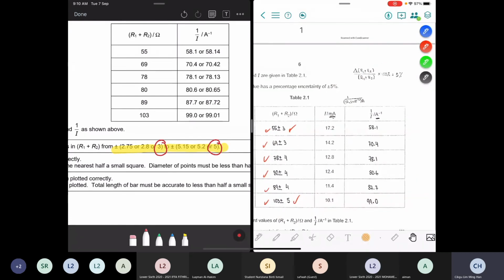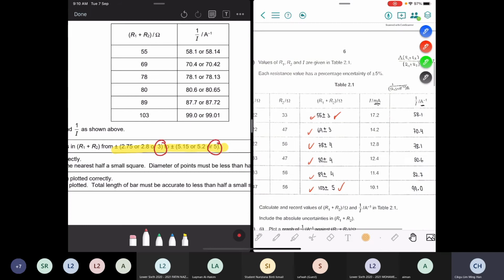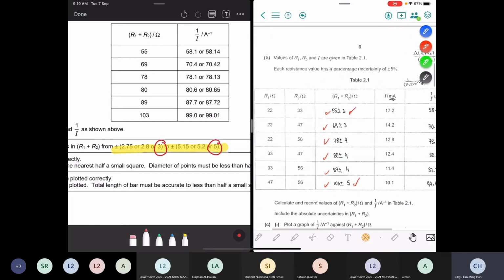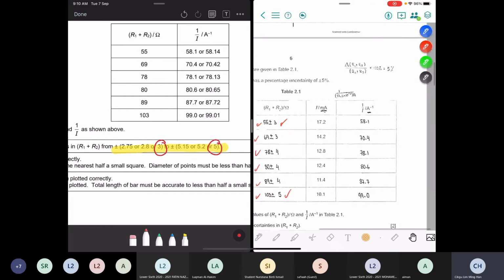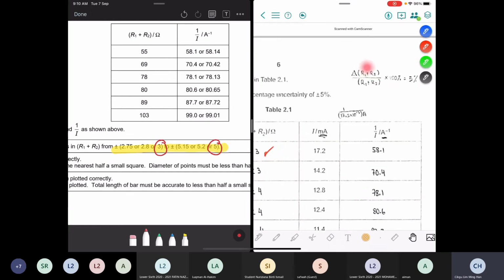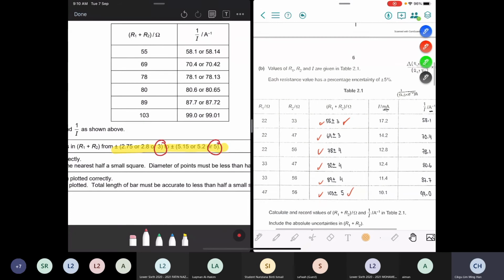Fatin's uncertainty is a bit different. Fatin, you use this? Yes, sir. The uncertainty times 5 divided by 100. 5% of each resistor. So this is R1 plus R2 uncertainty over 5%. Okay.